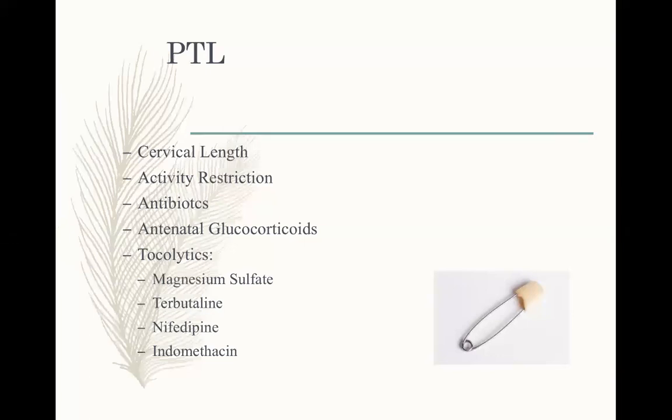We usually give a dose of 50 milligrams first, and then the next, I believe, 6 days, they get 25 milligrams. So we just have to do our due diligence and ensure that we're giving the appropriate tocolytic based off of the mom's current state and history.